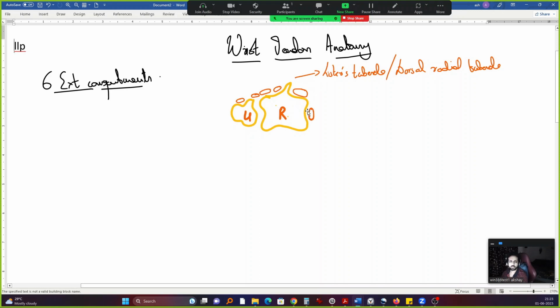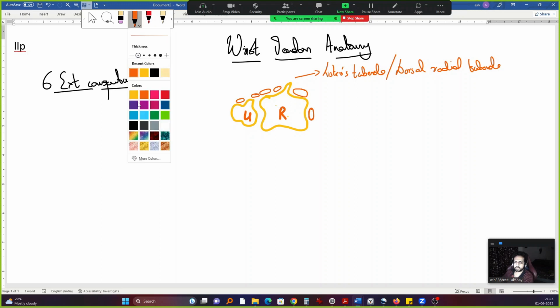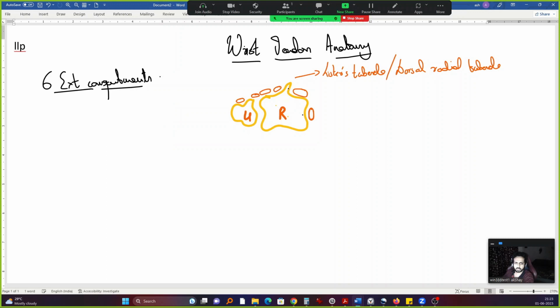So now let's see which are the important tendons that go through these extensor compartments. You need to remember the first one, second one, third, and the last one. These are the important ones.